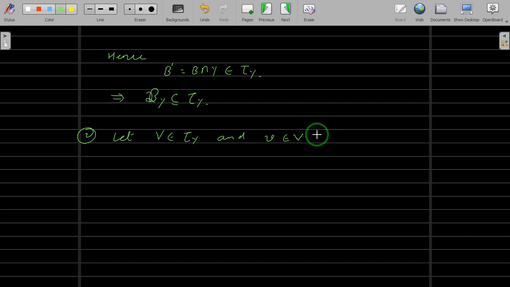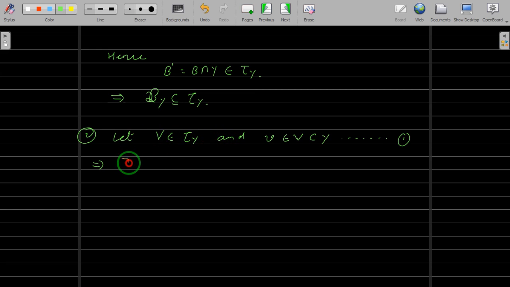Let me write this afterwards, or if we put this Y here, I'll tell you why in the next steps. Now V belongs to tau_Y means V is open in tau_Y, and if V is open in tau_Y, we will have some open set in tau such that V can be written as Y intersection that open set.